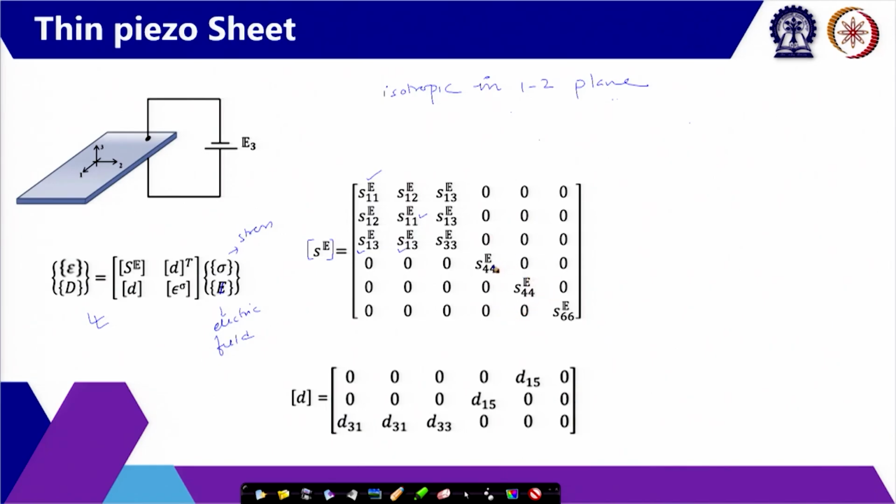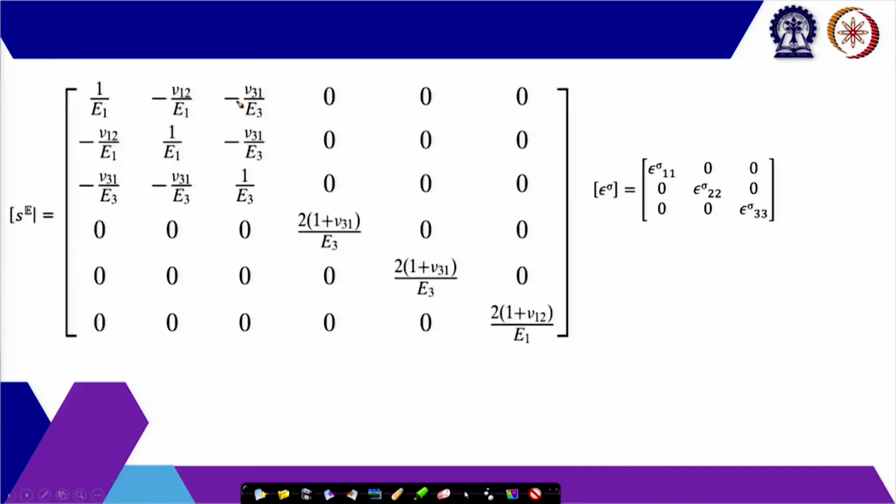And also we can see that these two components S44 and S55 are also the same, because the properties are the same in the 1-2 plane. Similarly, D24 and D15 are also the same. If we look at the compliance matrix, the S matrix once again, this is how it looks in terms of the elastic moduli and Poisson's ratios. Again because of the isotropy in the 1-2 plane, E1 and E2 are the same, and similarly nu31 and nu32 are the same.